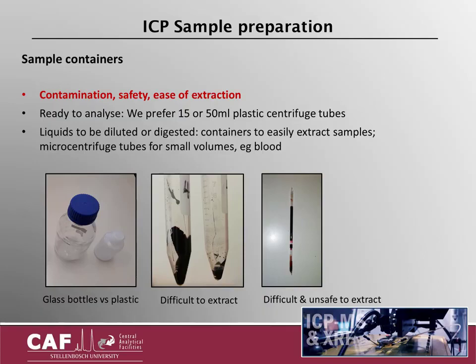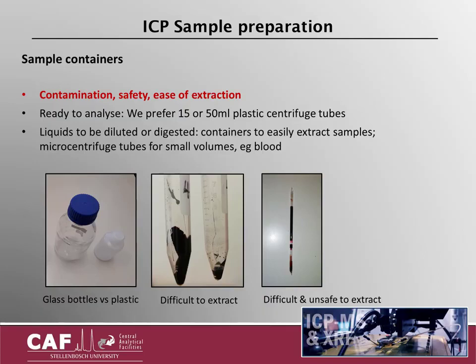When you have samples that we need to extract again for either CHNS or ICP analysis, make sure that it does not stick to the bottom of the sample tube, as it's virtually impossible for us to extract the sample without adding some contamination during the extraction process. Rather use smaller epi tubes for small sample volume so that we can easily pipette the sample out again for further processing.